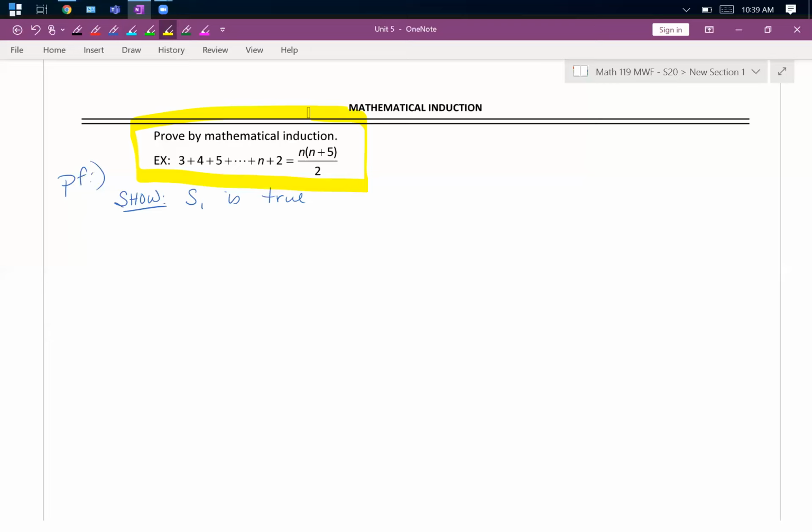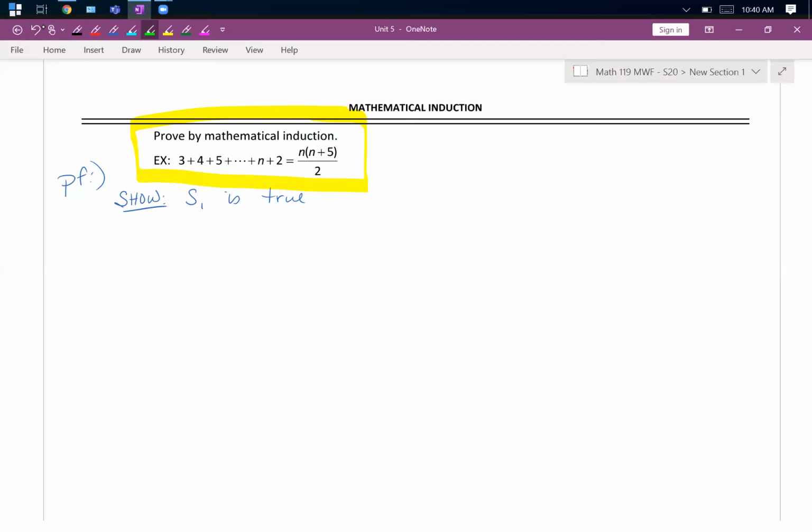What's happening here is they're saying that if our series follows this pattern 3, 4, 5, 6, and so on up to n plus 2, to find the partial sum, we can plug it into this formula over here. So we're just proving additional formulas, which is why it falls in with sequences and series.